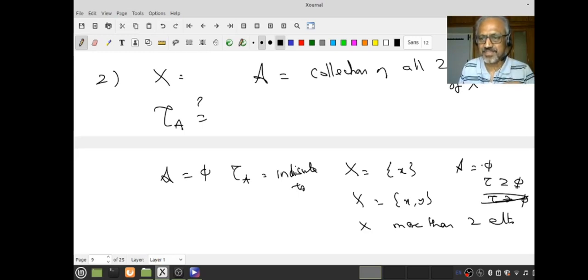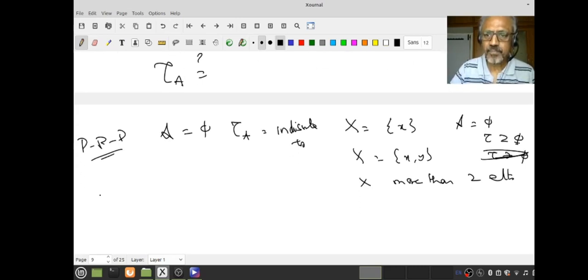This empty set stands for the collection of subsets of X. So A is the empty collection of subsets of X. Therefore, I want a topology tau A which is a collection of subsets of X. What is the smallest collection which contains the empty collection and is a topology? It must be the indiscrete topology. Yeah, please pay attention. If you have a problem, go through it again. Now suppose X has 2 elements, right?